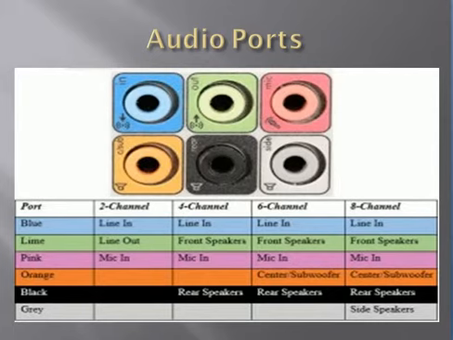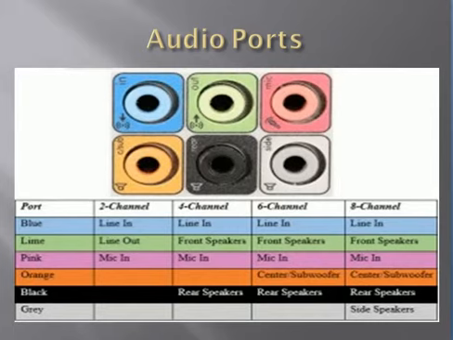Briefly, we learn about surround sound connectors or the 3.5 mm jack. It is the most commonly found audio port and can be used to connect stereo headphones or surround sound channels, as shown in the picture.